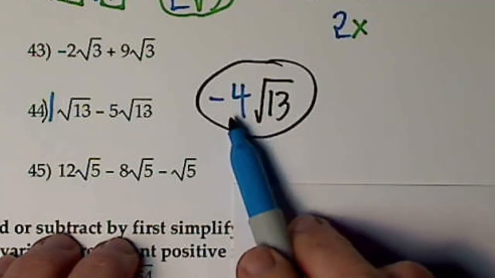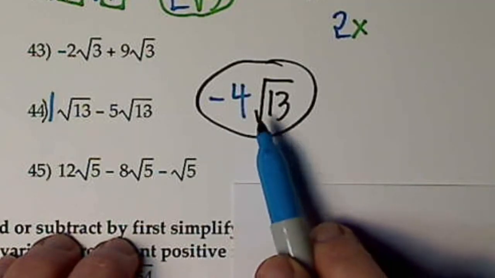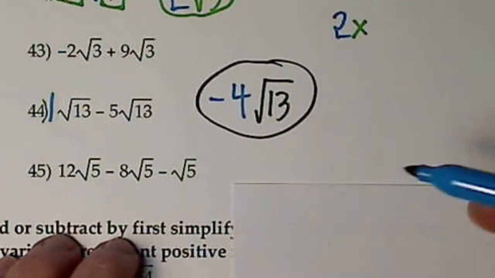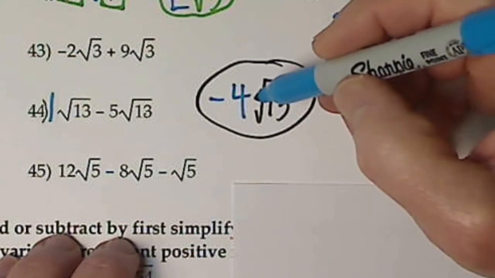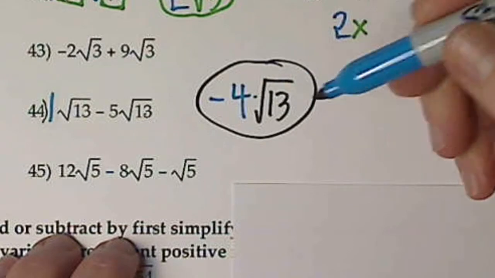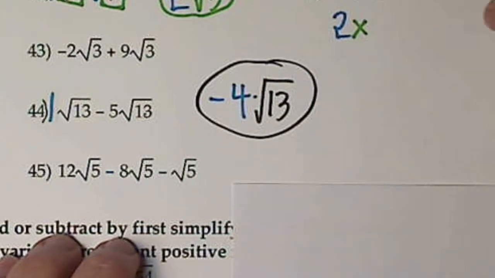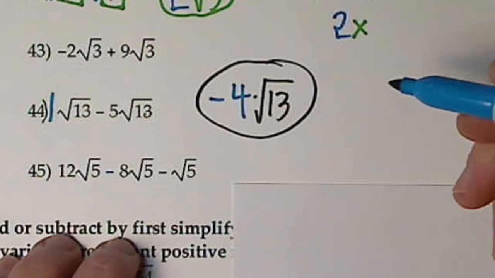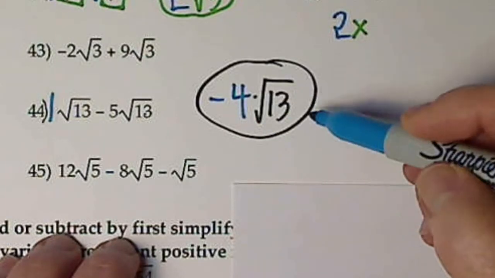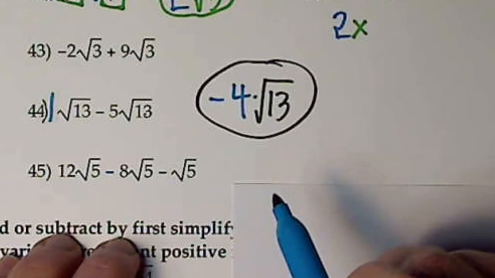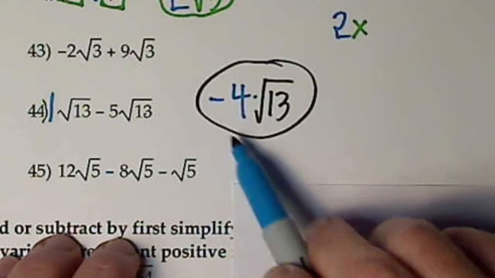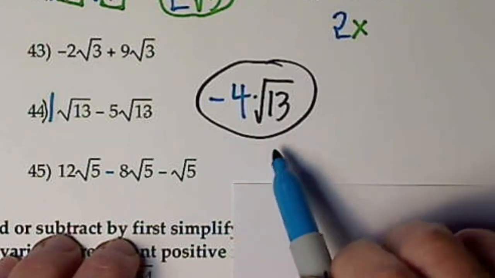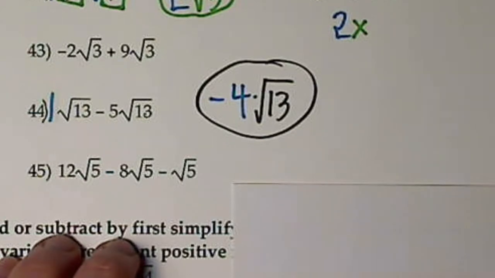So you'll have -4 radical 13. By the way, a number in front of the radical indicates it's to multiply, and that's the same as a number in front of any grouping symbol. A number in front of parentheses means you're to multiply. But we can't really multiply in this form. We're just going to leave it like that.